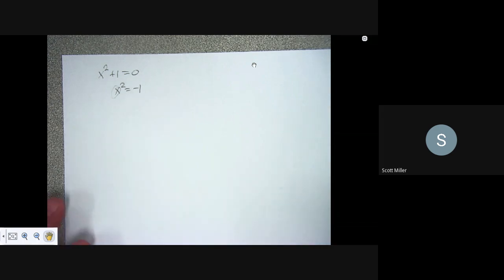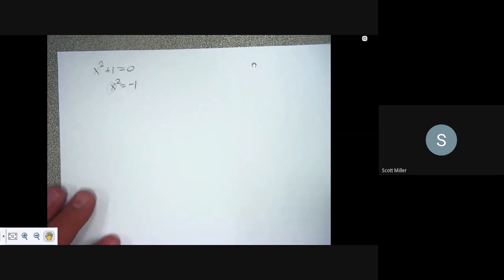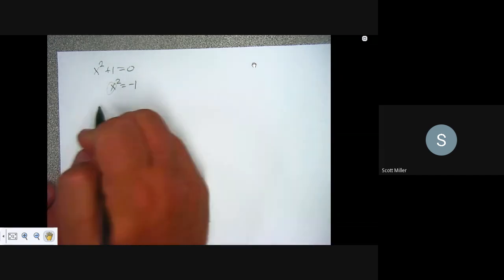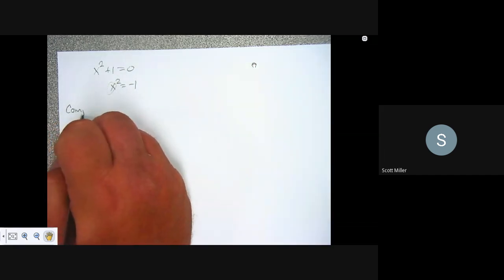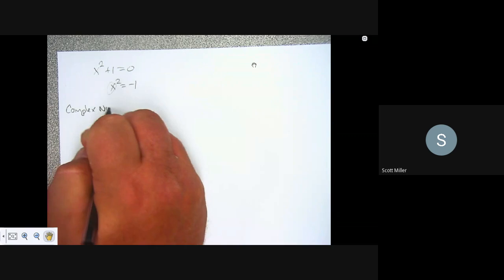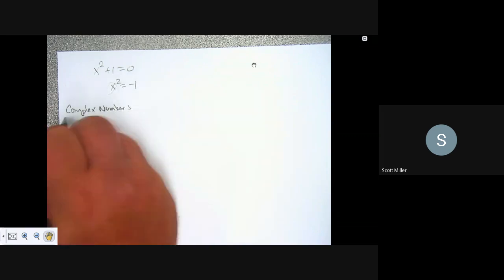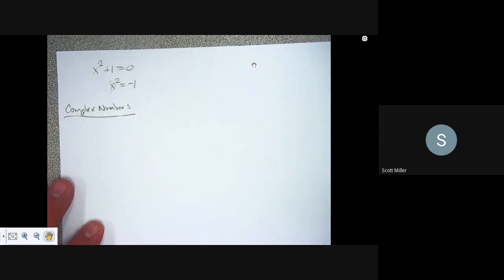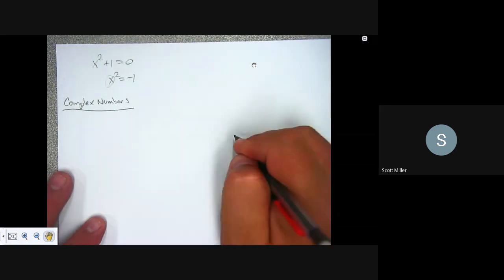So I'm going to give you the real quick nesting of our number systems. These are number groups that you are familiar with, and then I will talk about this new one, which is going to be called the complex numbers. We're going to define that and work with it and see everything about it. So here's how it all works from your life experience so far.